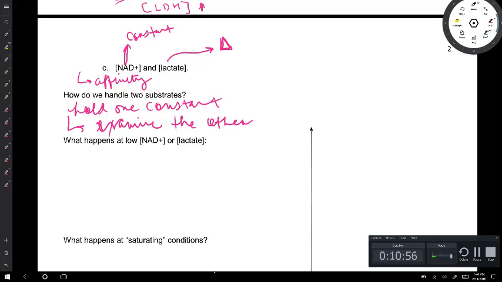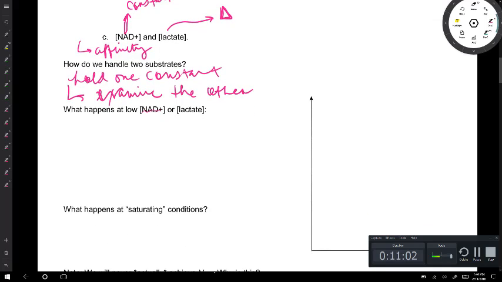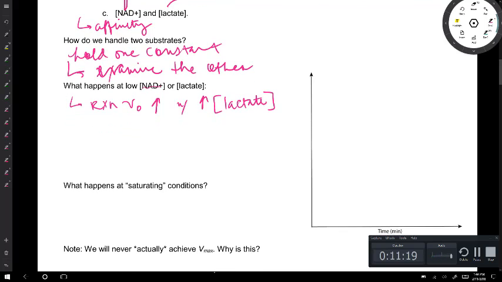If we're holding NAD+ constant, when we have low concentrations of lactate, the reaction velocity is going to increase with increasing concentrations of lactate.